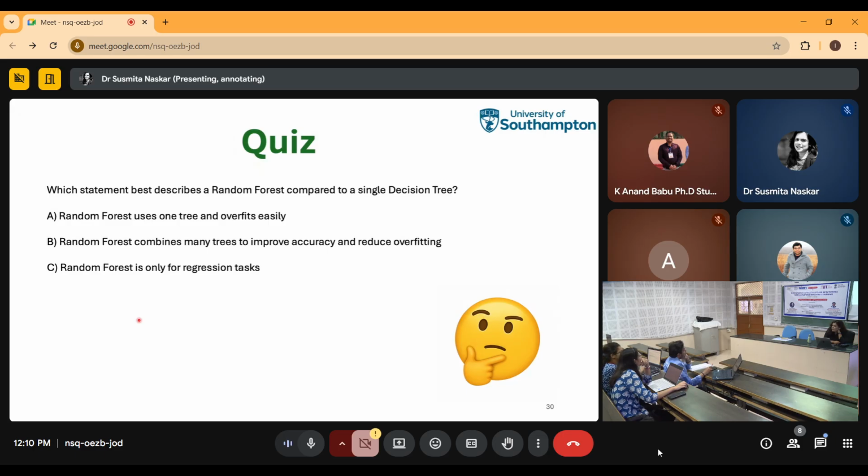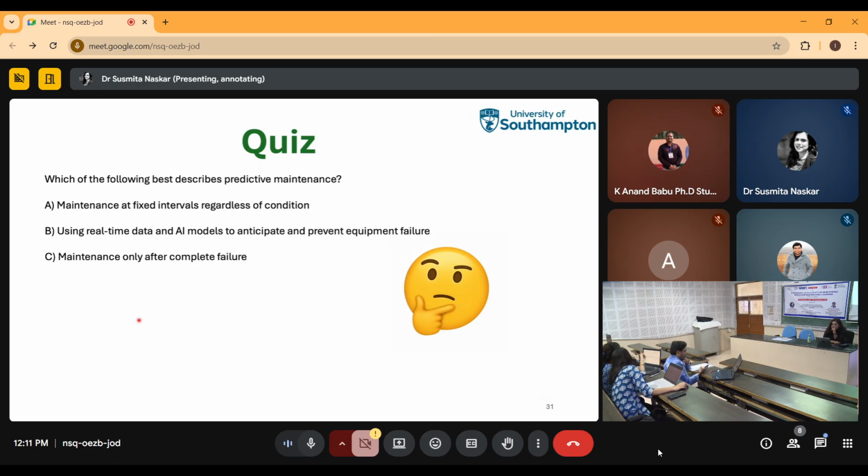What does random forest do? Does it actually use one tree and overfit only? No. Does it actually combine many trees to improve the accuracy and reduce overfitting? Does it only get used for the regression task? No. So B is the correct answer.